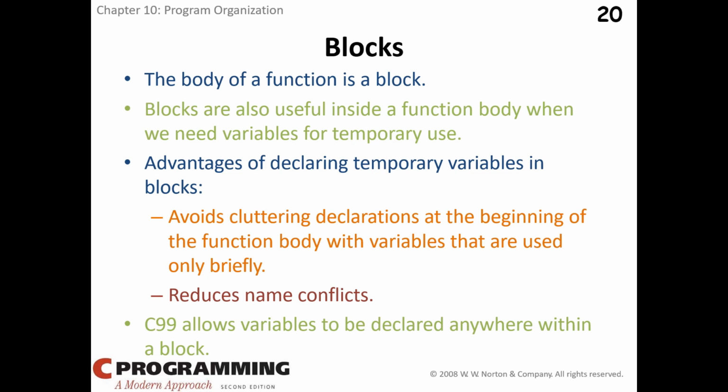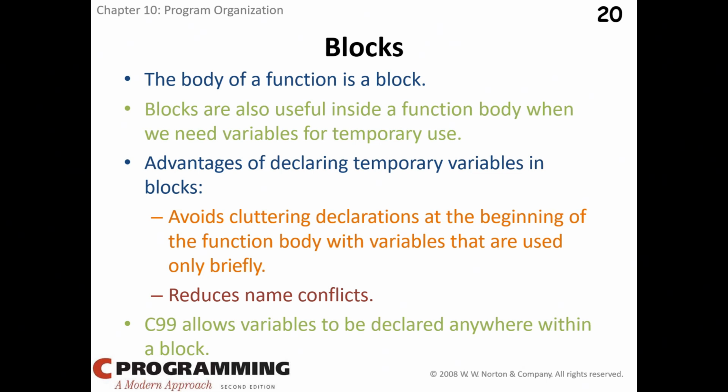There are several advantages to declaring temporary variables within blocks. Firstly, it helps avoid cluttering the declarations at the beginning of the function body with variables that are used only briefly. By declaring these variables within blocks closer to where they are needed, we keep the code more concise and more focused.